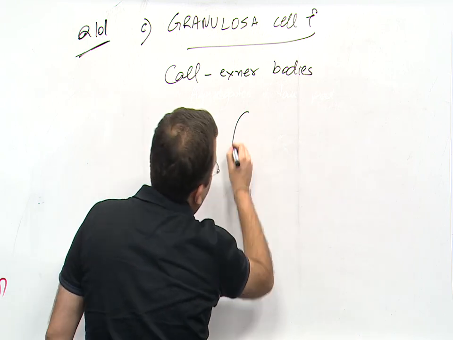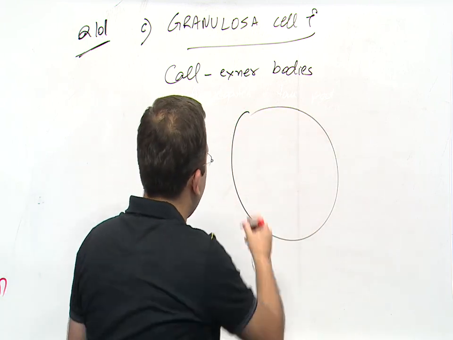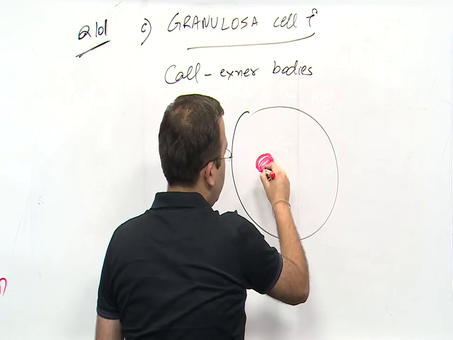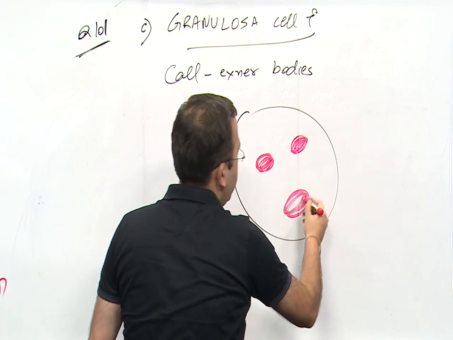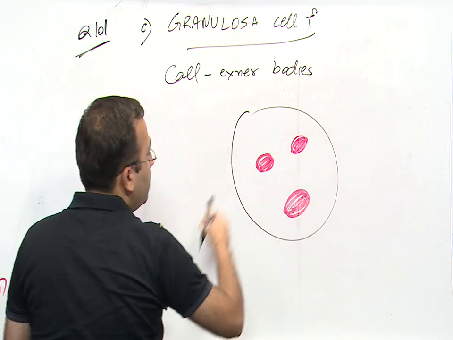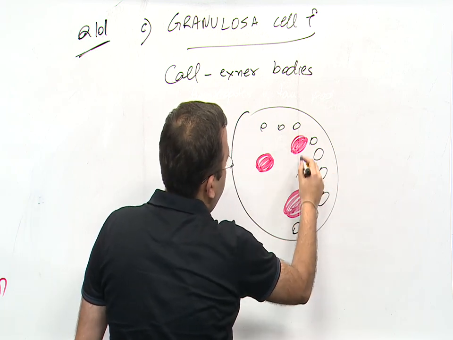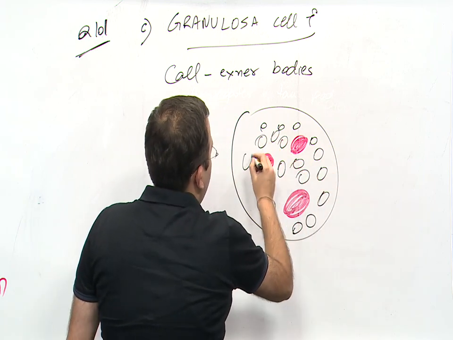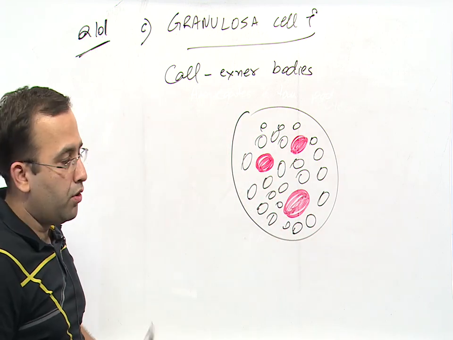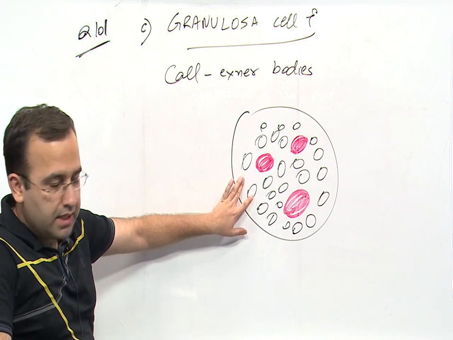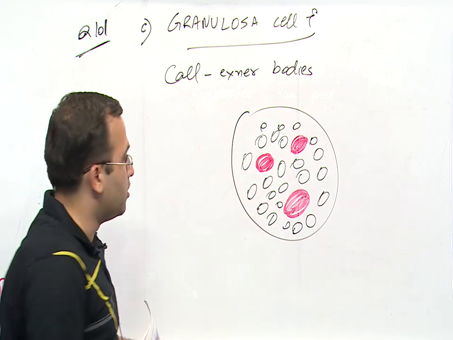So what do you see? A classical Kohl-Exner body. You see the presence of large eosinophilic inclusions, large eosinophilic areas with presence of tumor cells all around. So the black cells are the tumor cells and these are the large eosinophilic structures.